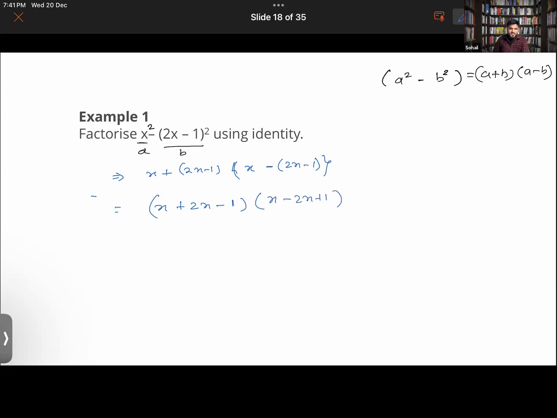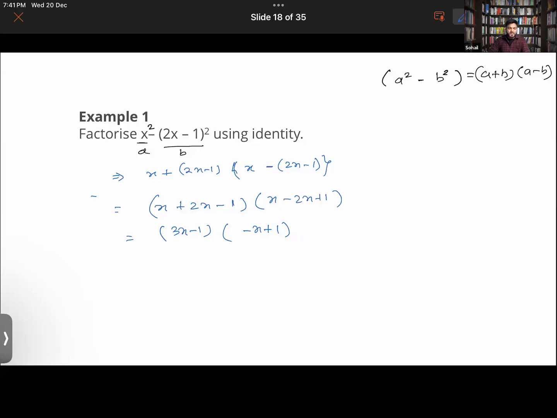Further you will simplify it: x plus 2x, that is 3x minus 1, into minus x plus 1. So this is how we will be factorizing such expressions. Hope it is clear.